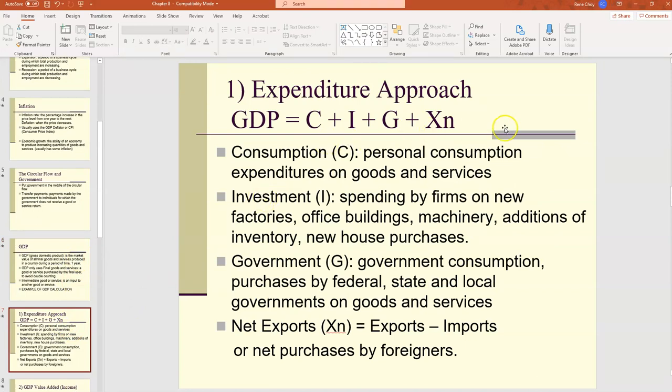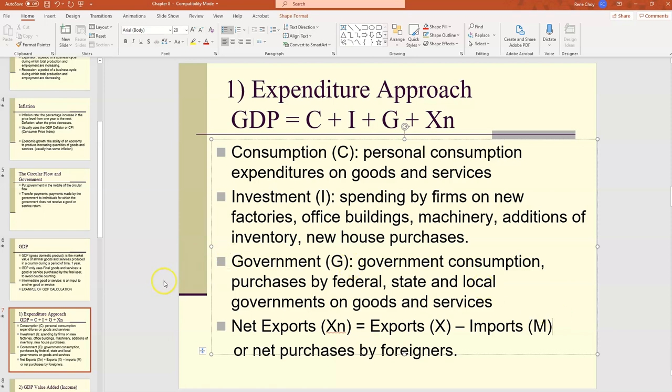Alright, you need to remember this particular slide. It's going to be crucial for the understanding of economic activity. So GDP is basically the addition of the consumption sector expenditures, investment sector expenditures, the government sector expenditures, and the net export sectors, which is basically exports minus imports. Usually, by the way, in some books you see an X for exports and an M for imports.